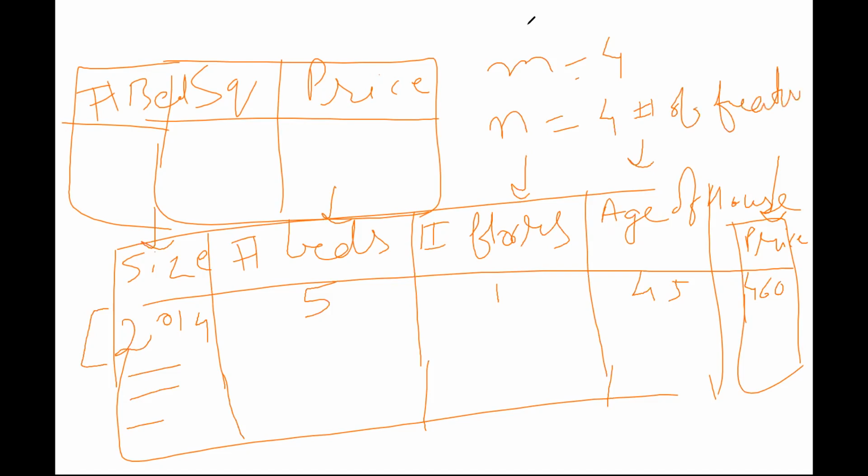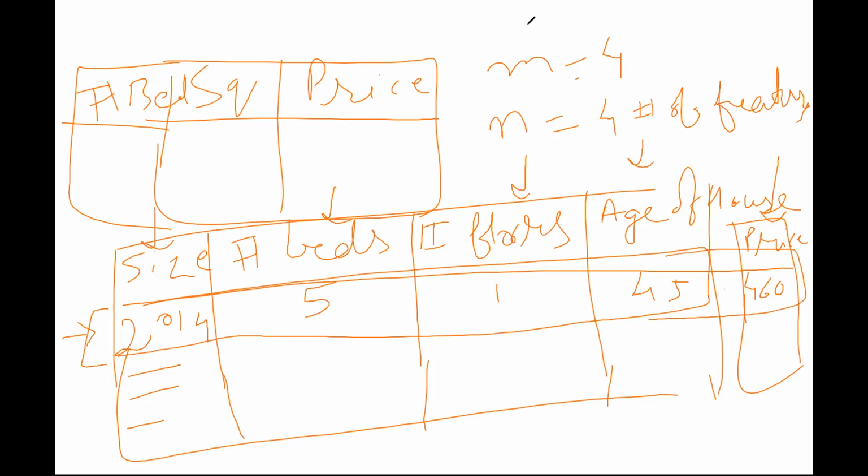Now if I want to represent one training point, one data point, what will be our notation? For this we have one training data point with price.